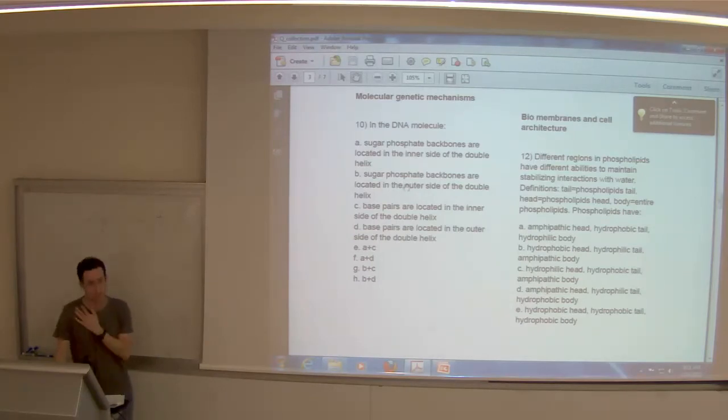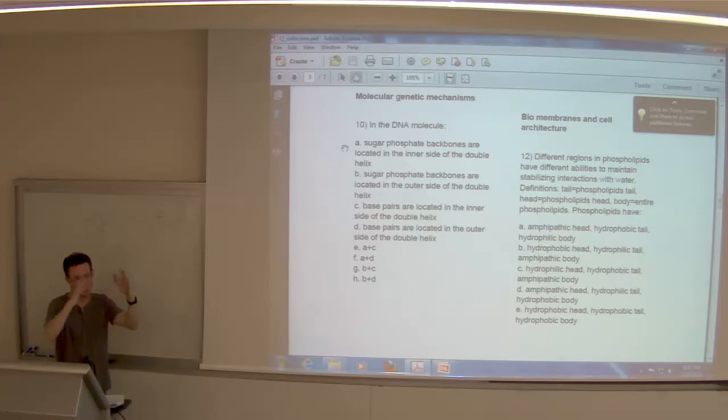Molecular genetic mechanisms. You have just two questions here. So in the DNA molecule, let's go one by one. A is the sugar phosphate backbones are located in the inner side of the DNA. These are biochemical questions. You have to understand what sugar phosphate backbone means.